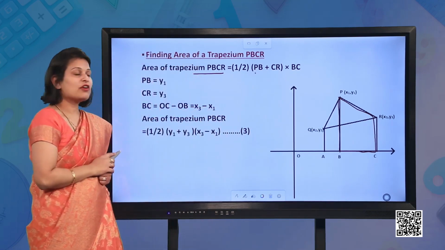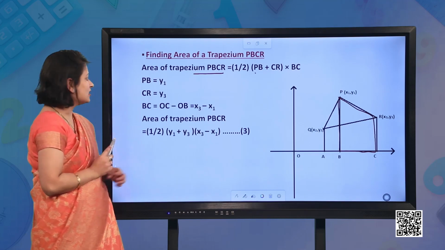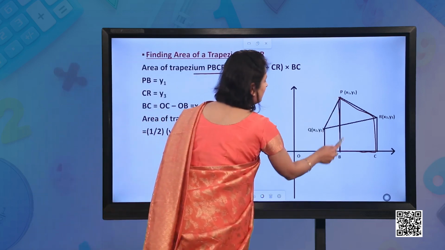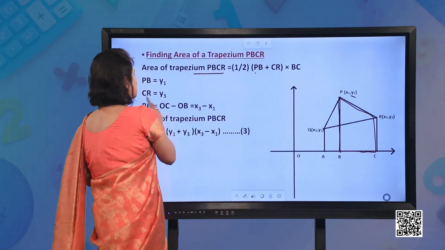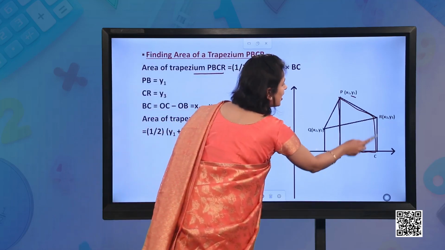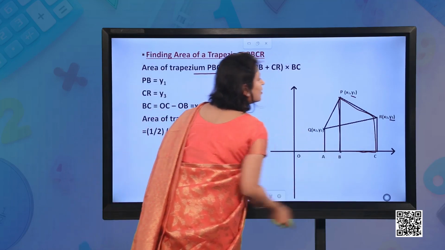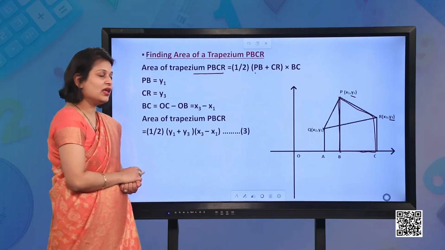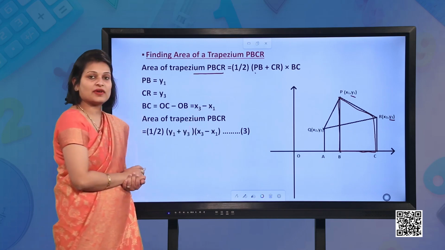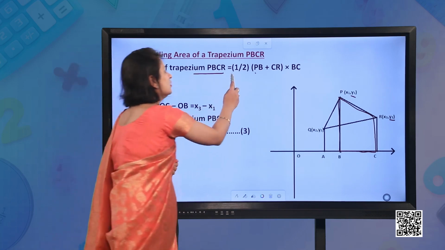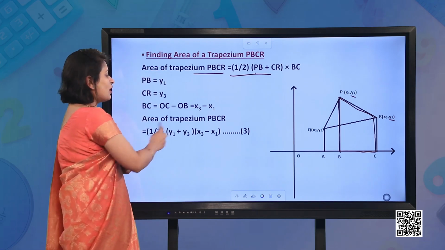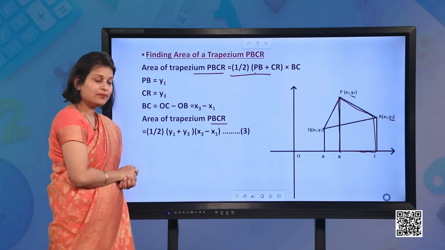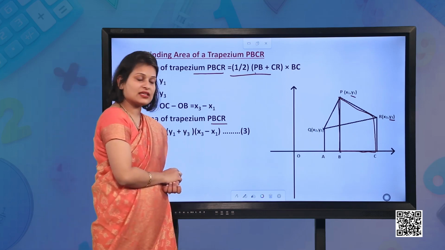Now substitute the values: PB is Y1, CR or RC is Y3, and BC is OC minus OB, which gives X3 minus X1. Simply substitute these values and you get the area of trapezium PBCR as half into Y1 plus Y3 into X3 minus X1.